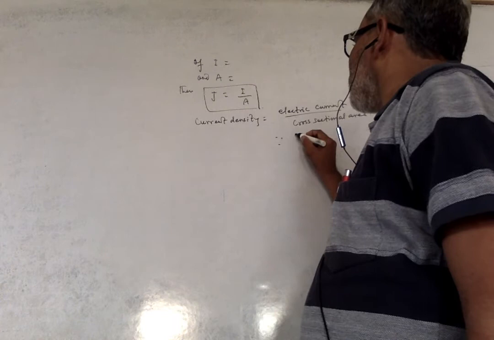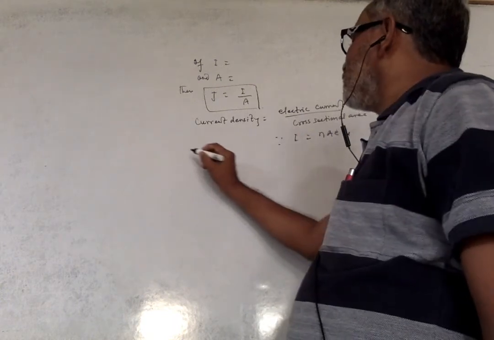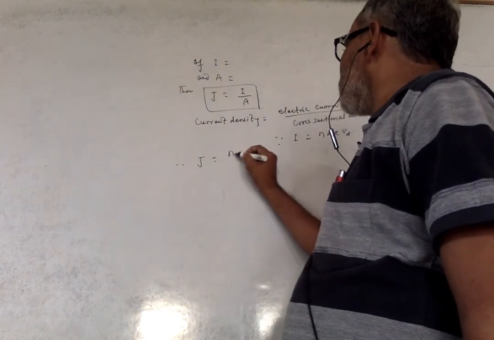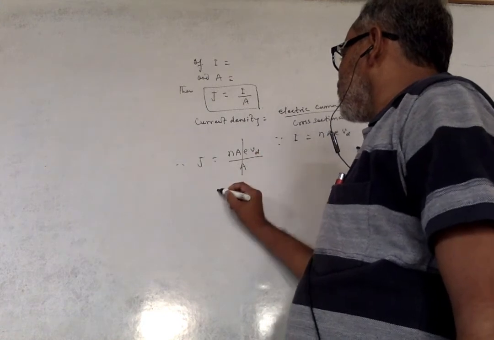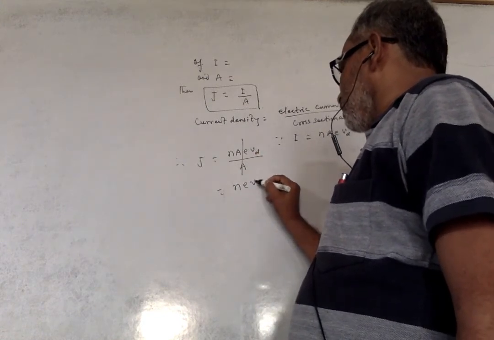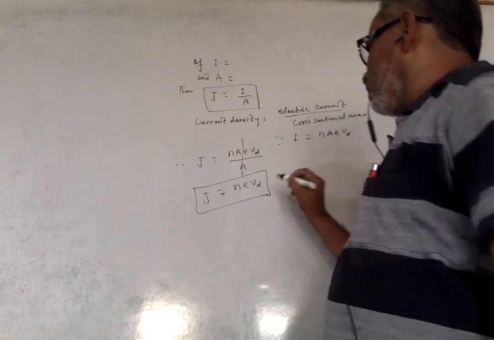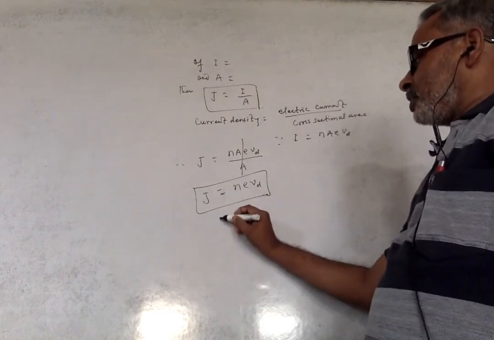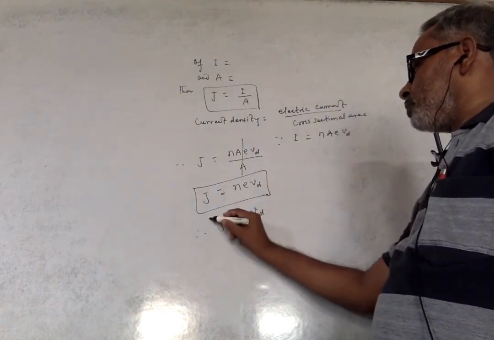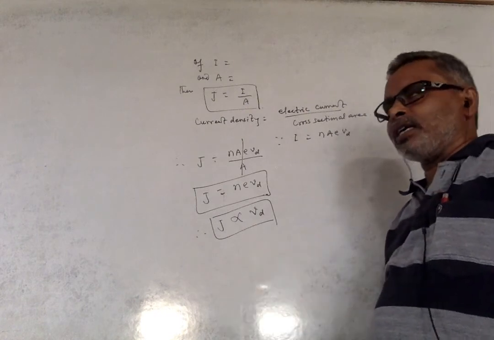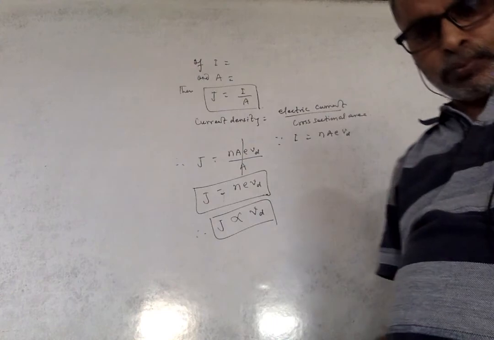We have I equal to nAe Vd. Therefore, J equal to nAe Vd by A, J equal to ne Vd. It is evident that J is directly proportional to Vd. That is, current density is also proportional to drift velocity of electron.